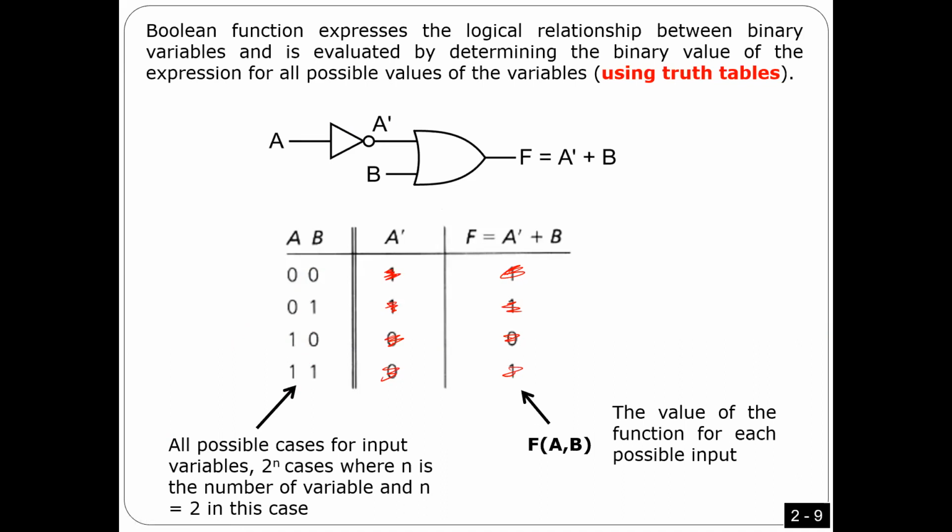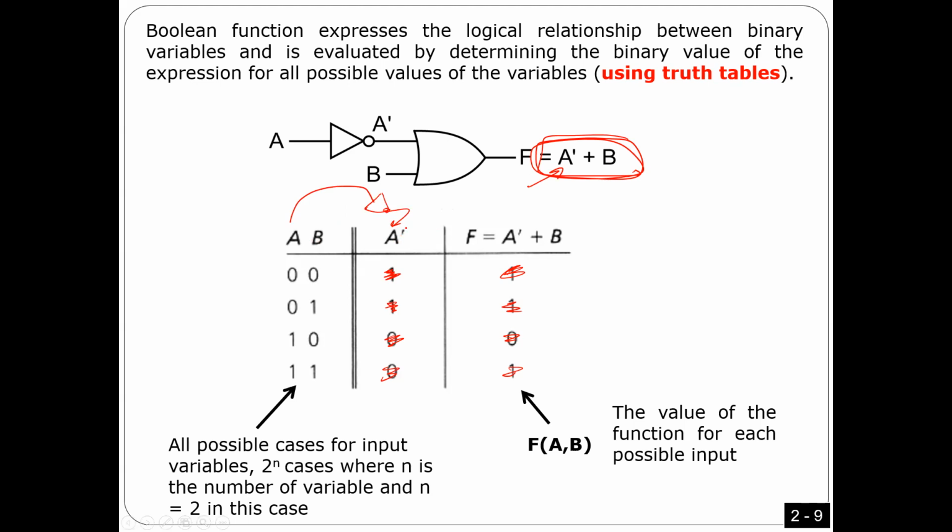We have 4. Now, in order to calculate this one, I need to calculate A prime. So I'm going to make one column here for A prime. Once I calculate A prime, I'm going to do OR between these two. Let's start with the first one. I'm going to take A, and then do prime to get A prime.